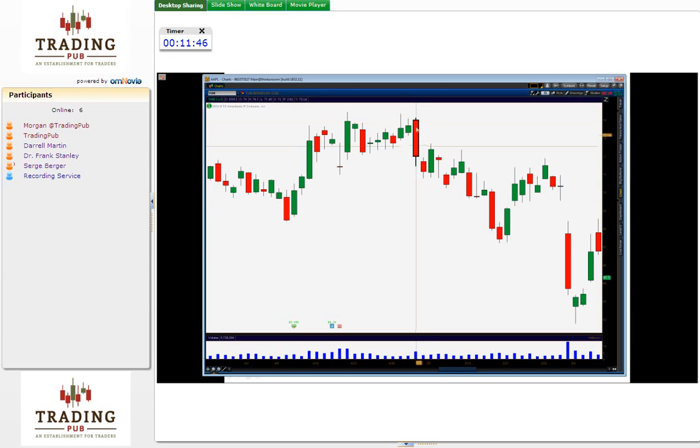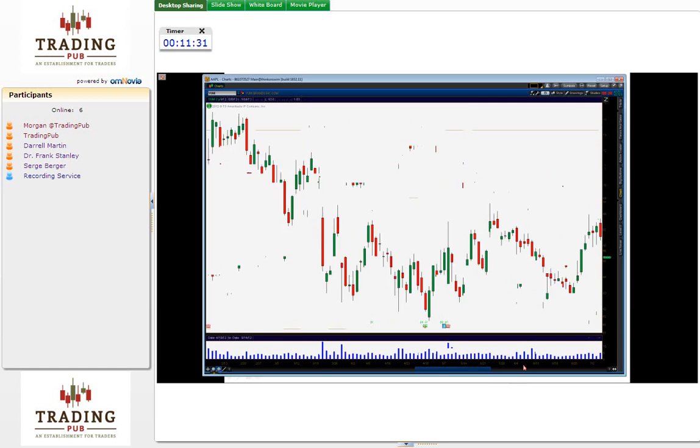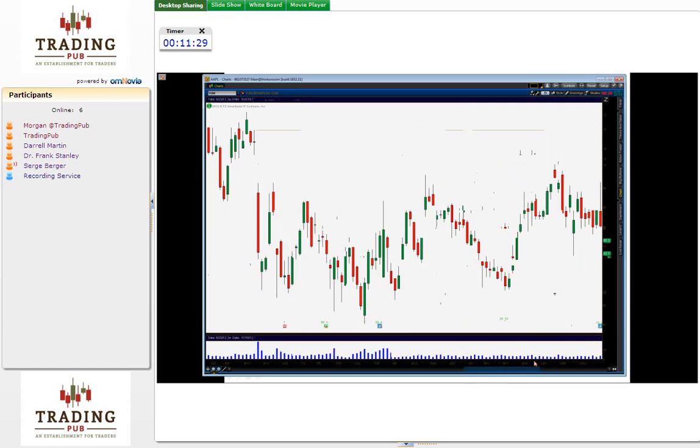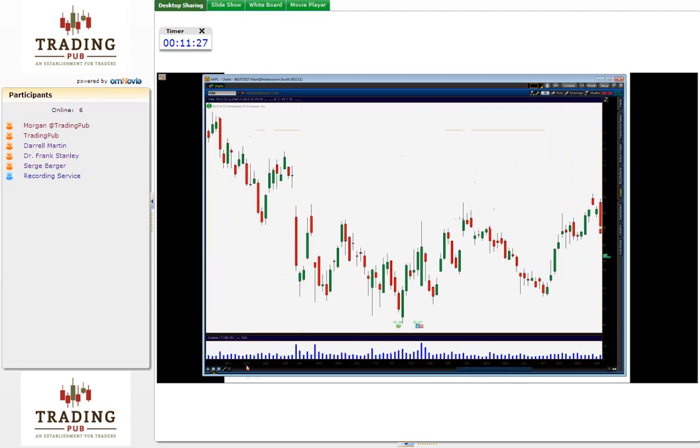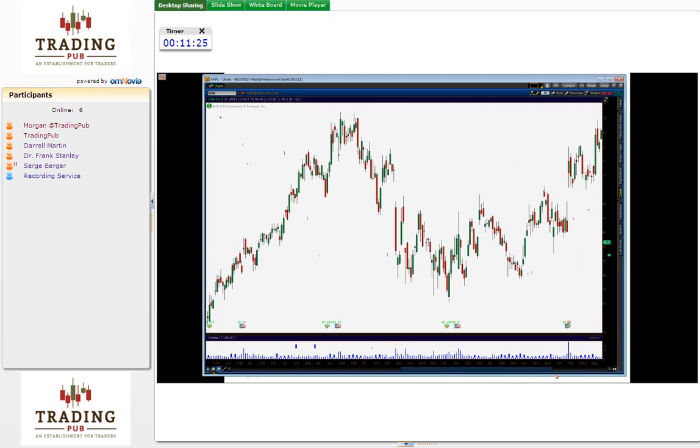So maybe I put it 10 cents above there or 20 cents above there, just not to get totally messed with. But if the stock goes above there, especially if it closes above there, I've been proven wrong. It's that simple. So this was not only an entry signal, it also automatically, without any emotions on my part, defined my risk. And that's very powerful.